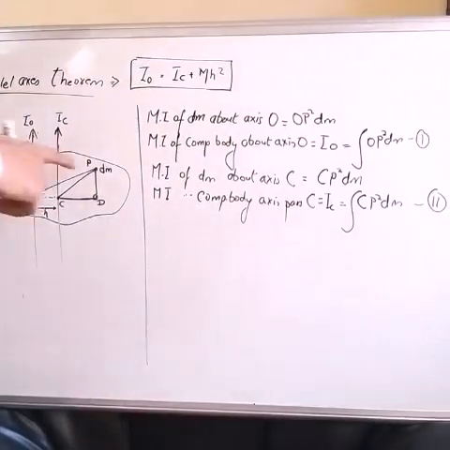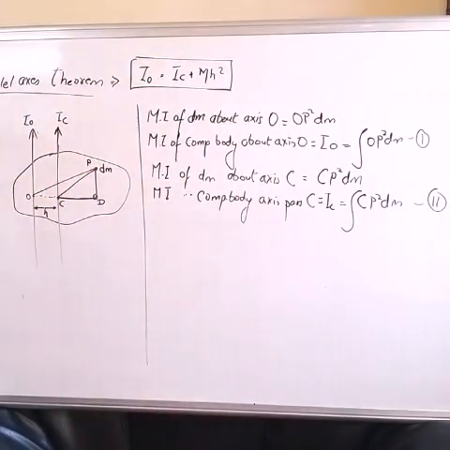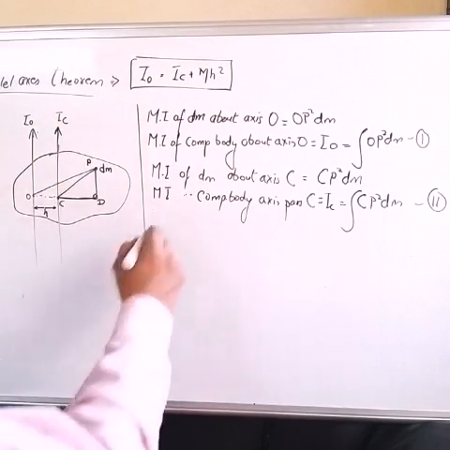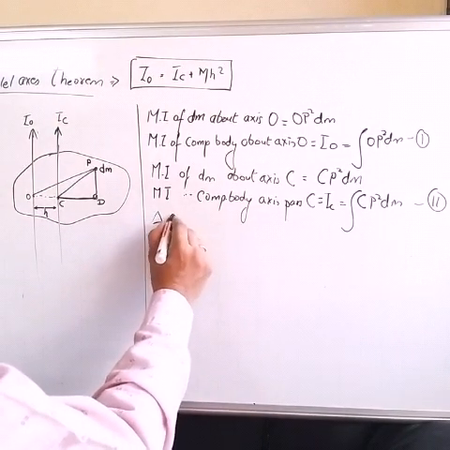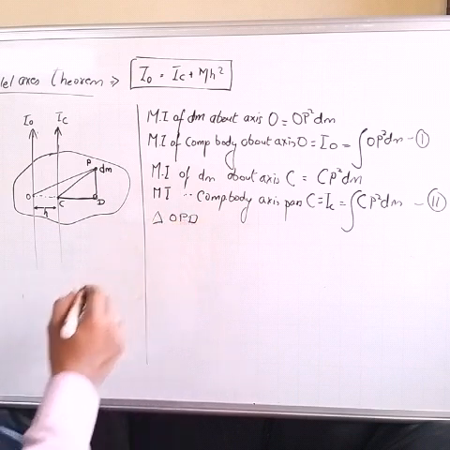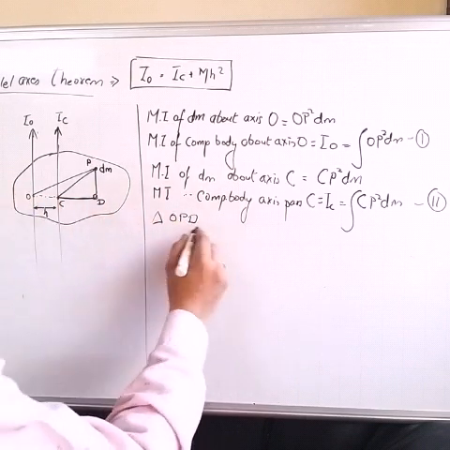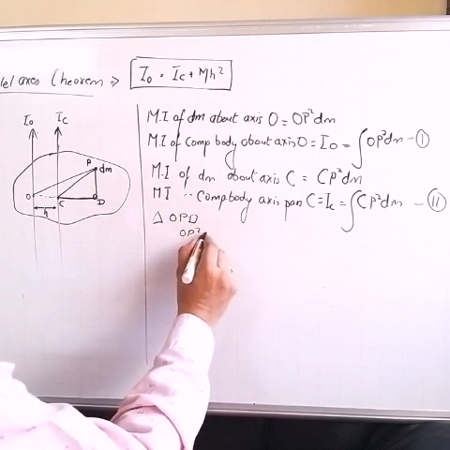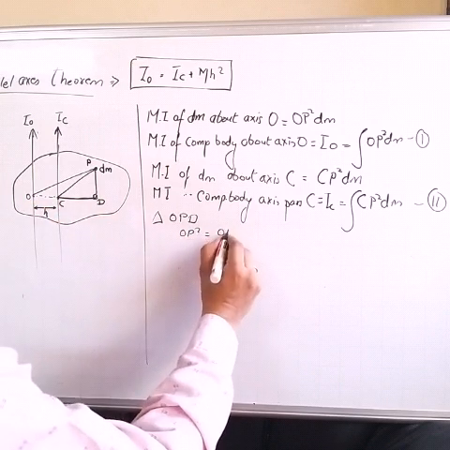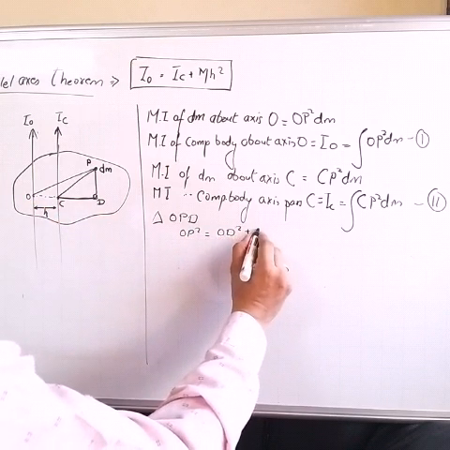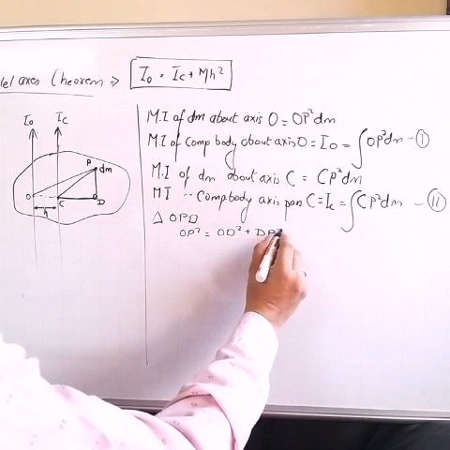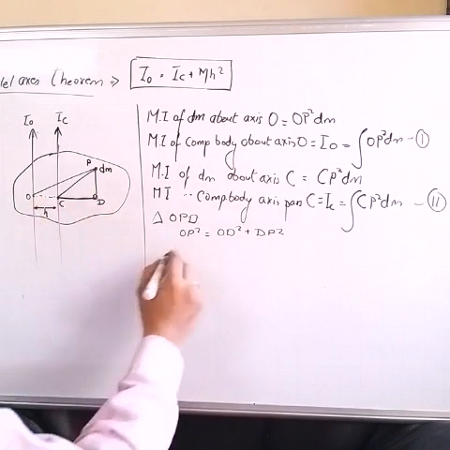Now look at the diagram. It's a right angle triangle. In this right angle triangle, in triangle OPD, using Pythagoras theorem, I'll write OP square equal to OD square plus DP square. But OD is made up of what?